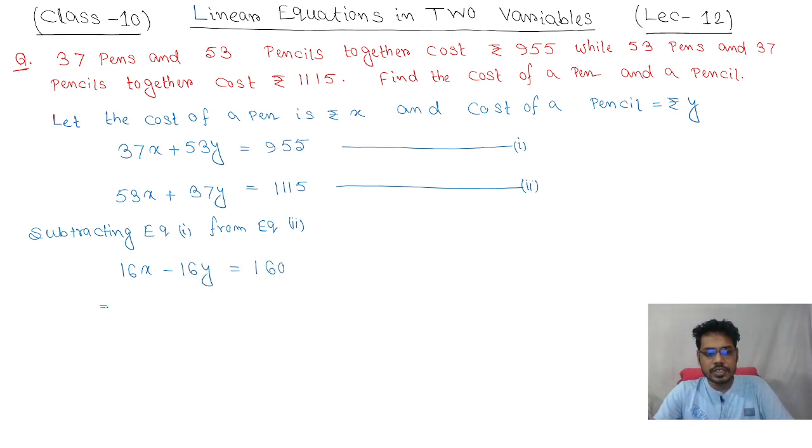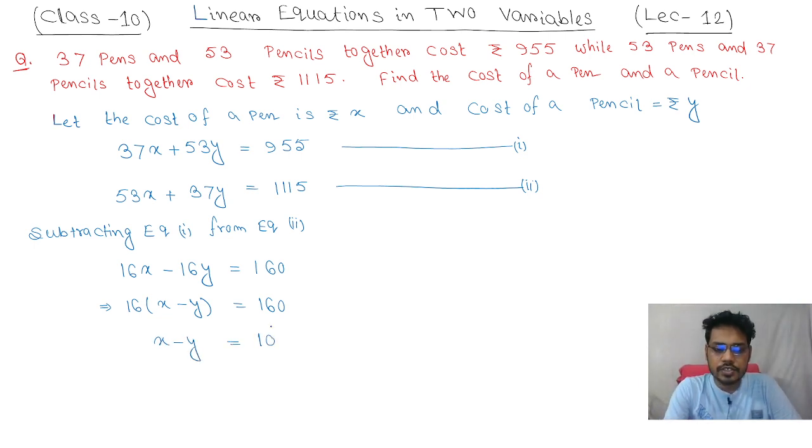Now you can see that 16 is common, so 16 into x minus y is 160. So here x minus y will be 160 by 16, that is 10. So x minus y is 10. That will be equation number 3.